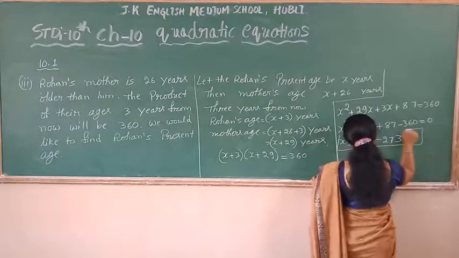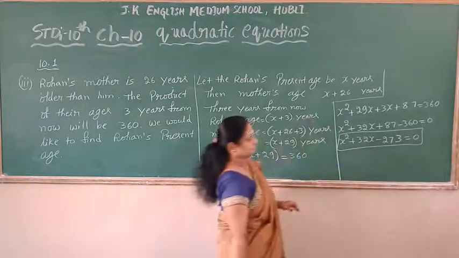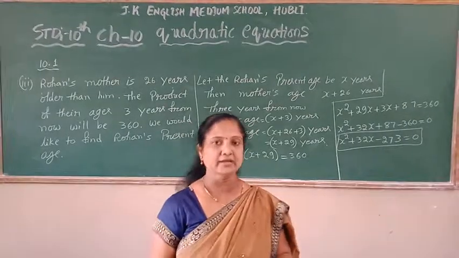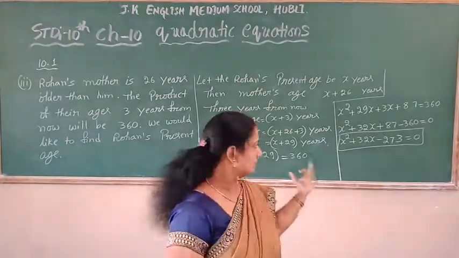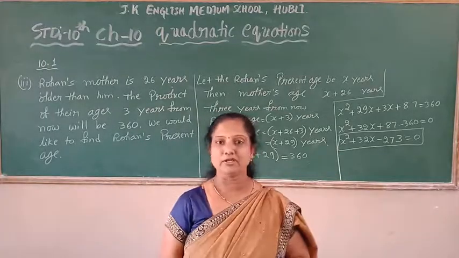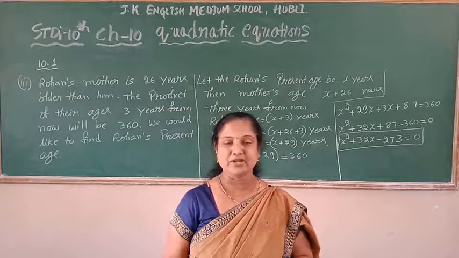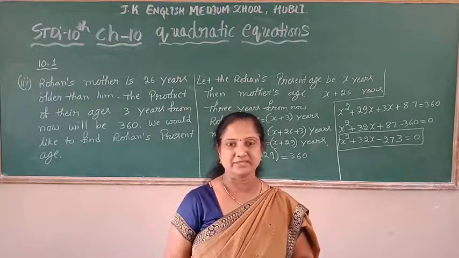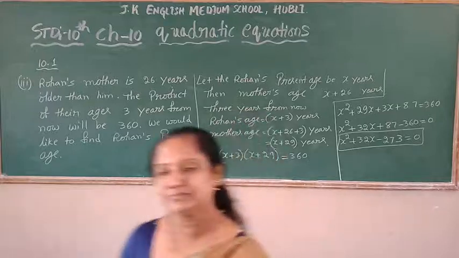This is in the standard form of a quadratic equation. Okay children, they told us in this main heading to represent the following situation in the form of a quadratic equation. So we have written it in the form of a quadratic equation. We have to solve for the value of x by the factorization method.